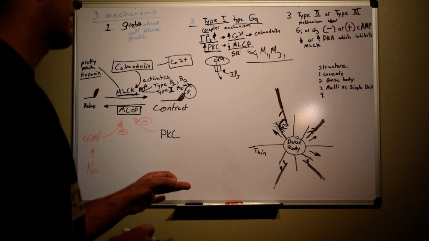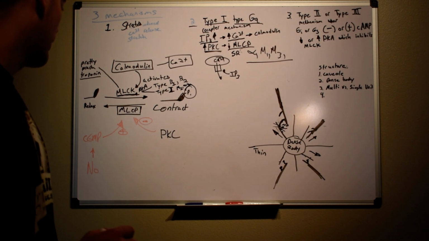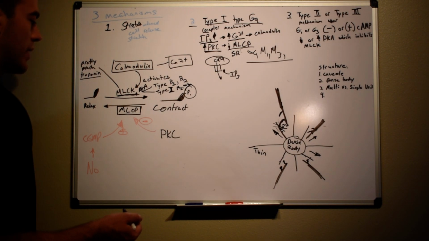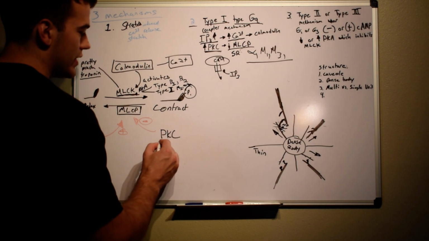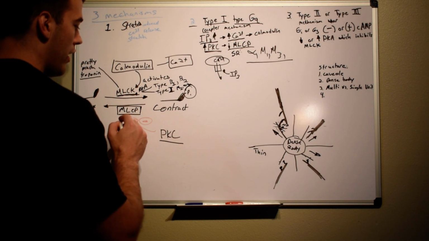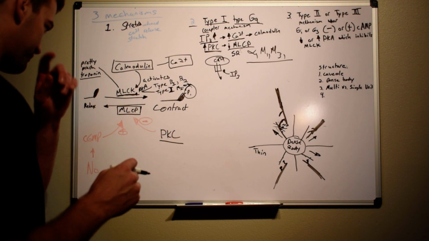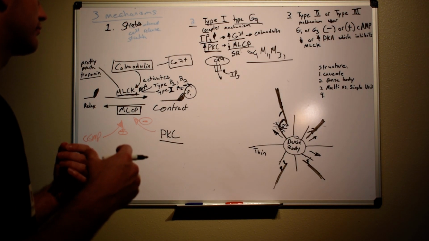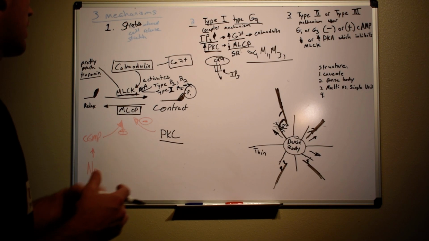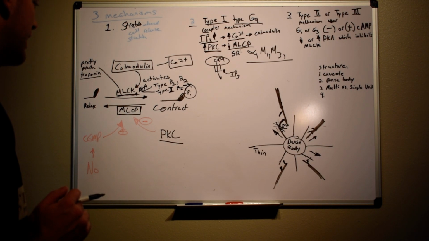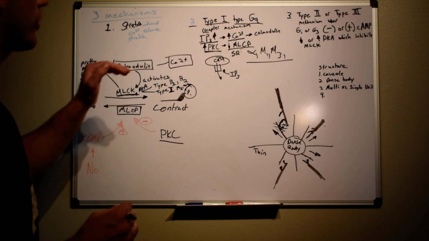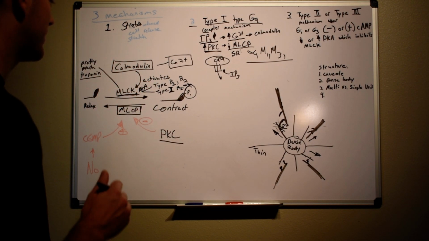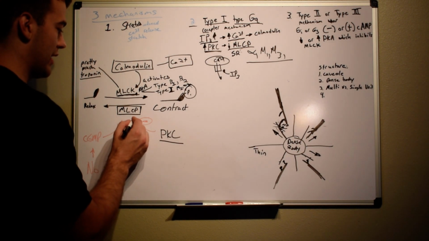The other thing we didn't talk about yet is that there's another way to induce smooth muscle contraction. So I said that protein kinase C can inhibit myosin light chain phosphatase, so that can increase your amount of contraction because it's inhibiting the thing that lets us relax.